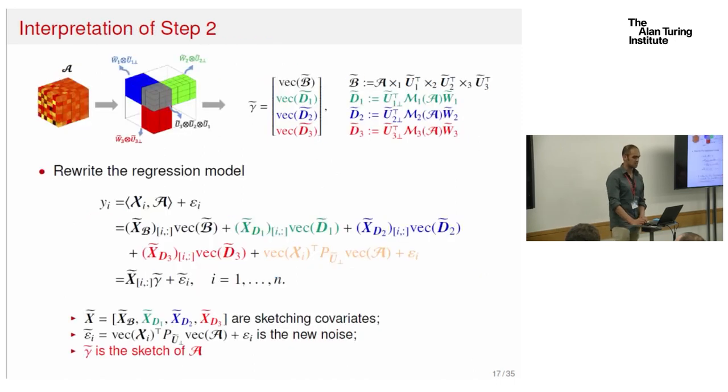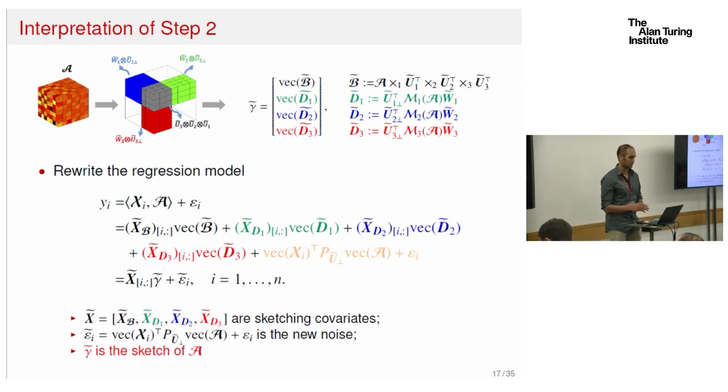Another way to think about it from a statistical modeling point of view is that we can represent our original regression model and decompose it in terms of these low dimensional representations: B tilde, D1 tilde, D2 tilde, and D3 tilde.